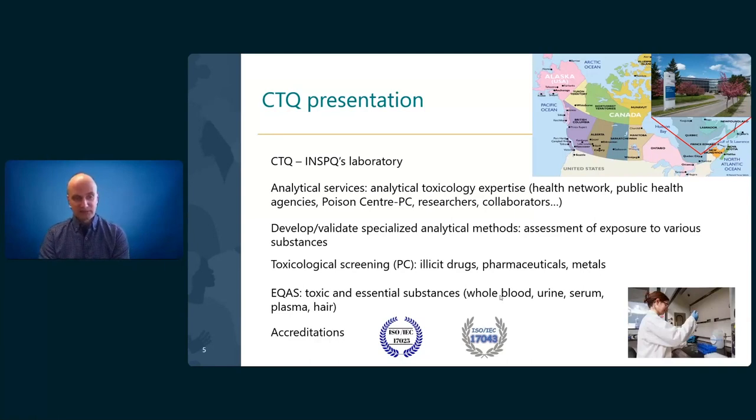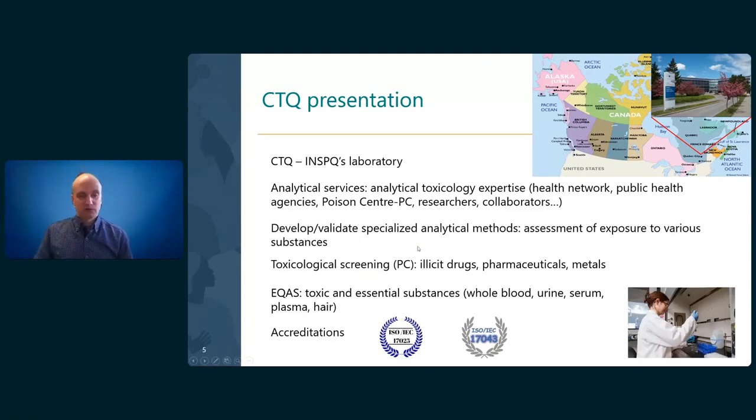We develop and validate specialized analytical methods, mainly to allow assessment of exposure to various substances. So basically, we do this kind of analysis which are not done in the hospitals or other clinics. We also have the mandate to provide toxicological screening for the poison center for illicit drugs, pharmaceuticals, and metals as well, or toxic elements.